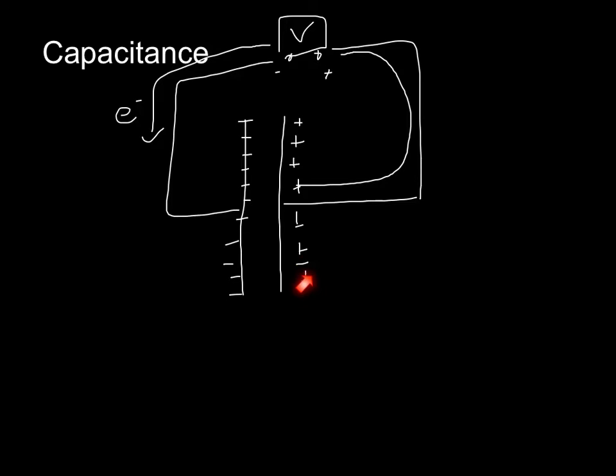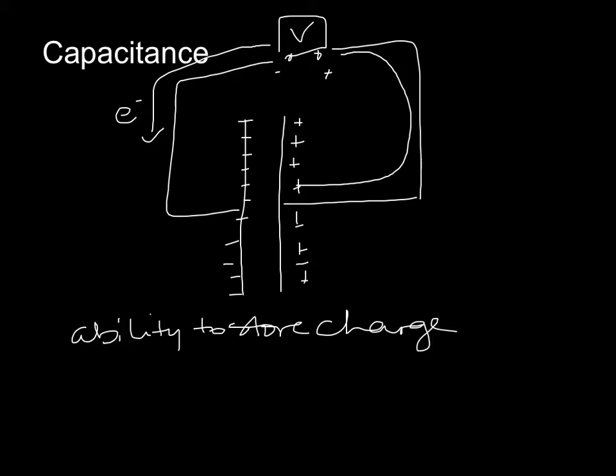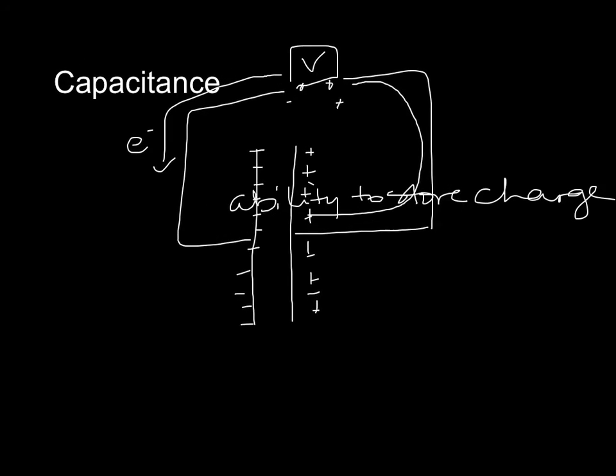Now the capacitance is basically the ability of a capacitor to store charge. And there's a couple things that come into play when we're talking about a capacitor and its capacitance.